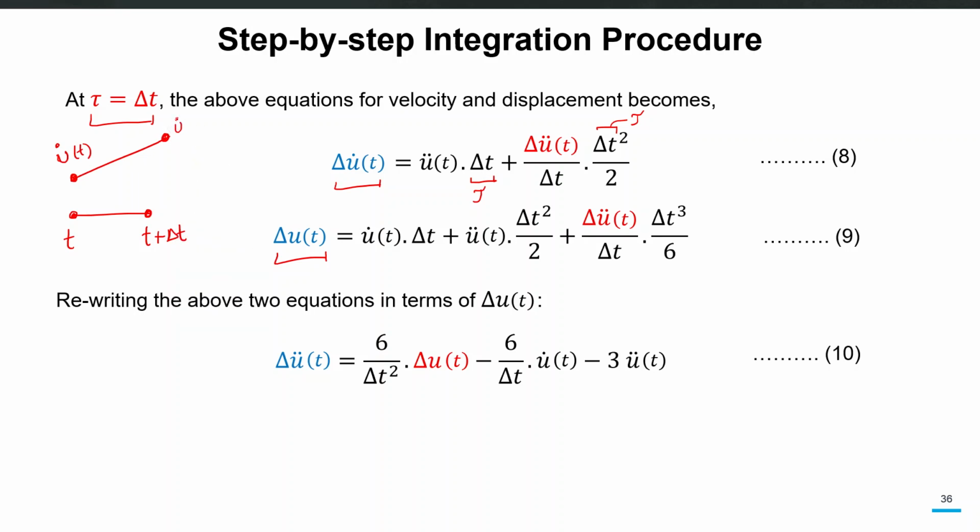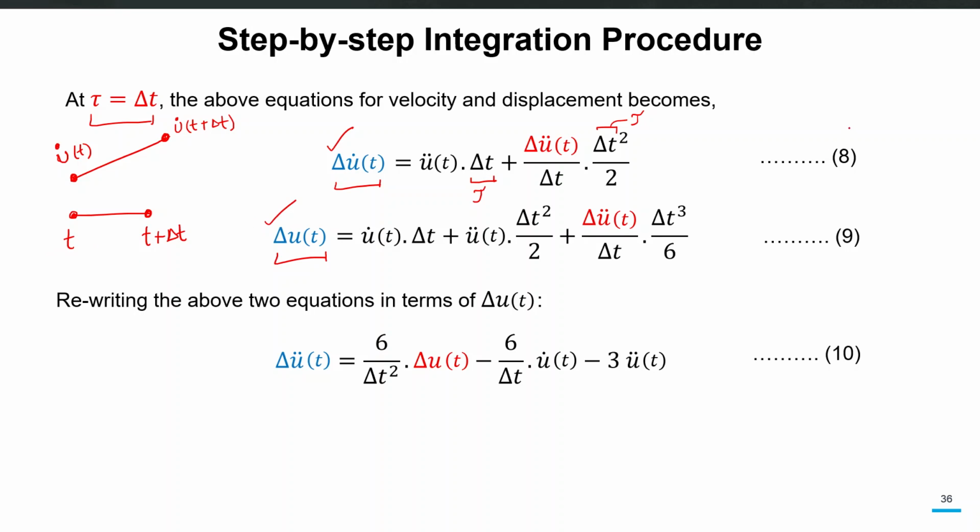So this is u dot of t plus delta t, and that is basically equal to the initial value plus the increment, and that increment can be written as equation 8. Same is true for displacement, that the increment in displacement between t and t plus delta t can be written by equation 9.